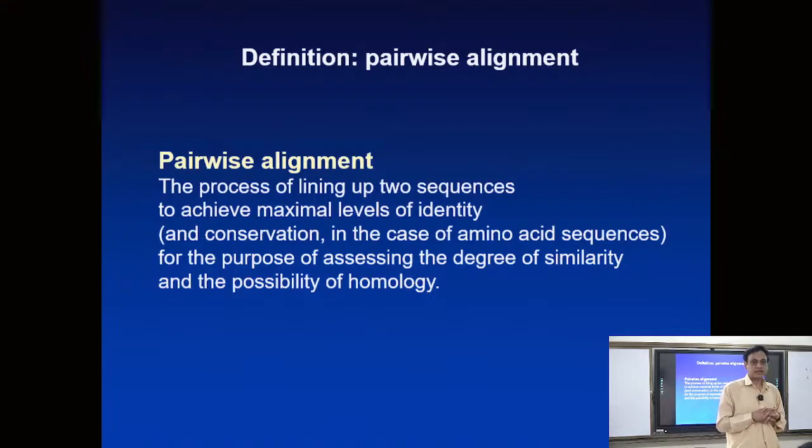But you would also want to ask what the statistical significance of the similarity score is. Methods have been developed to assess the significance of the similarity score. It should be large enough to be significant, which means that the alignment did not happen just by random chance, but because the sequences were related.